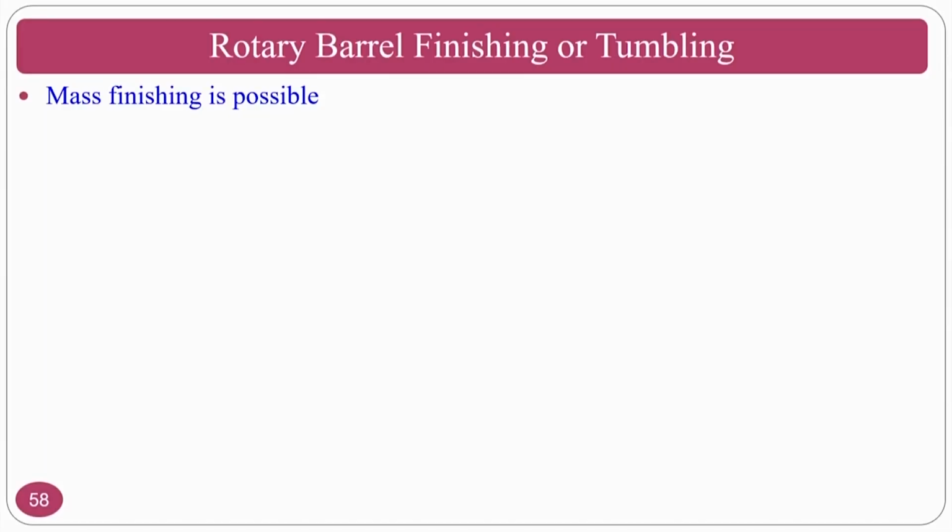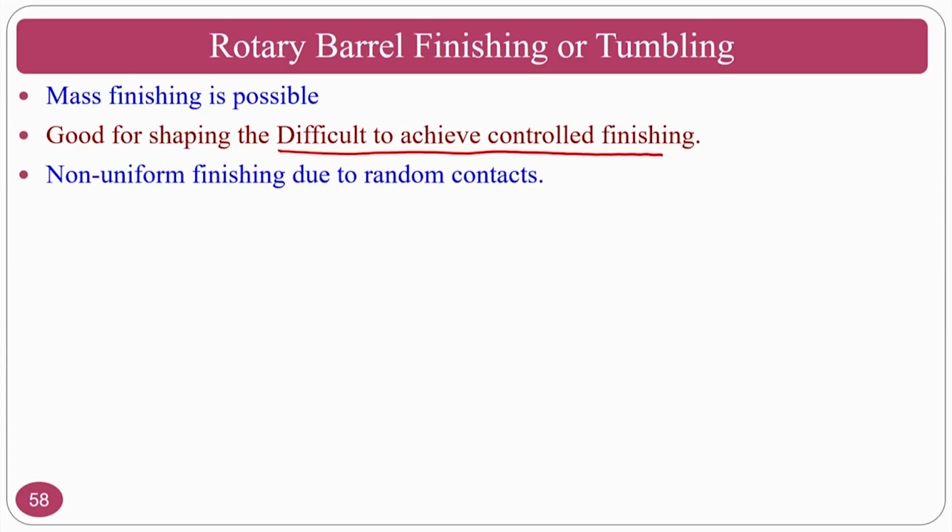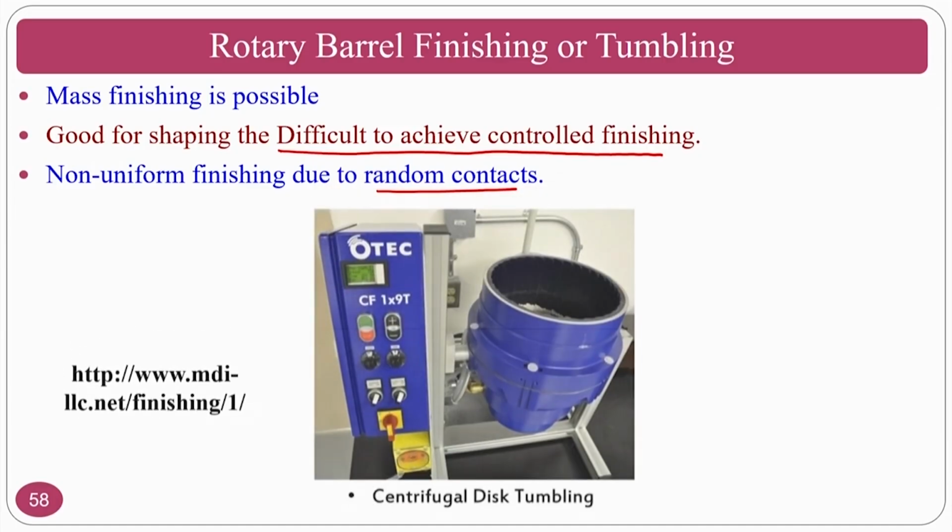Rotary barrel finishing is normally used for mass finishing applications and is good for shaping, but it is difficult to achieve controlled finishing, and finishing is non-uniform due to random contacts, because your abrasive particles randomly impinge on the components. That's why you will get random surfaces.